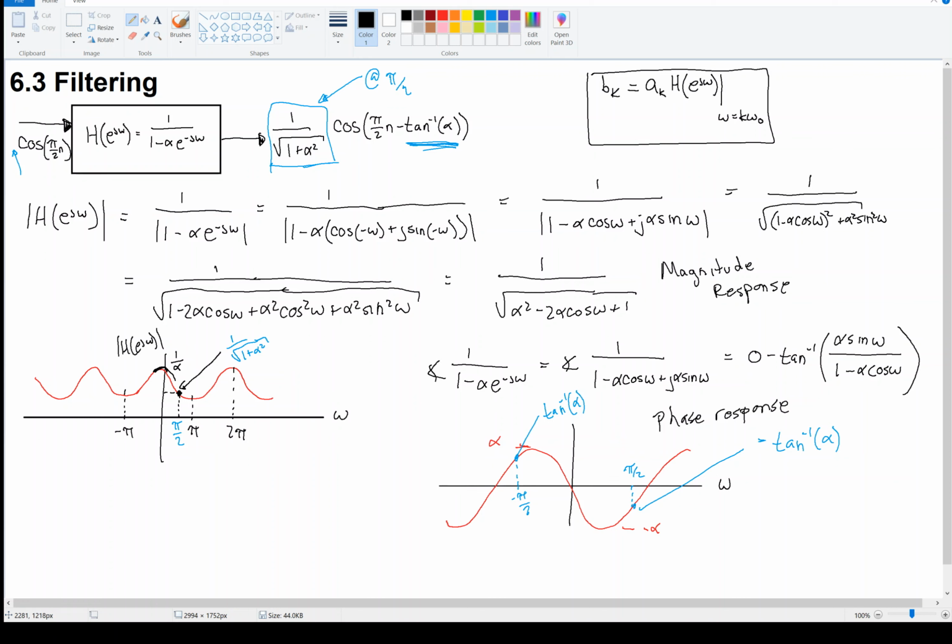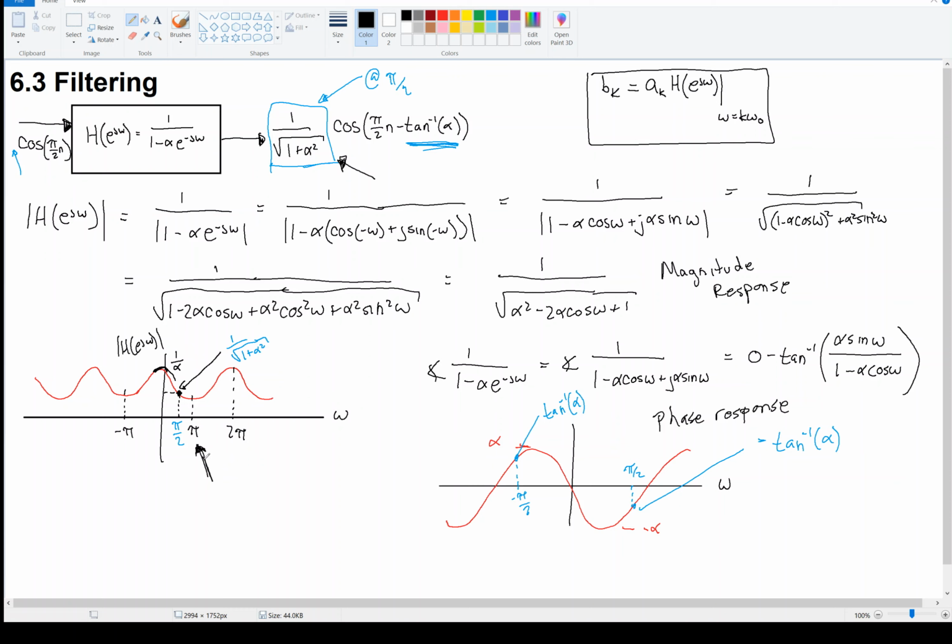Now, what good is this? Well, remember that scaling constant. That goes back to the magnitude response. If we were to scale by something large, that would be emphasizing the frequency. And if we were to scale by something small, that would be attenuating or de-emphasizing that frequency. So look at our magnitude response here at pi. Pi is a high frequency in discrete time.